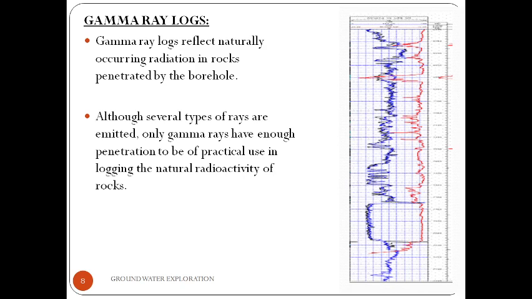Gamma ray logs reflect naturally occurring radiation in rock penetrated by the borehole. Although several types of rays are emitted, only gamma rays have enough penetration to be of practical use in logging the natural radioactivity of rocks.